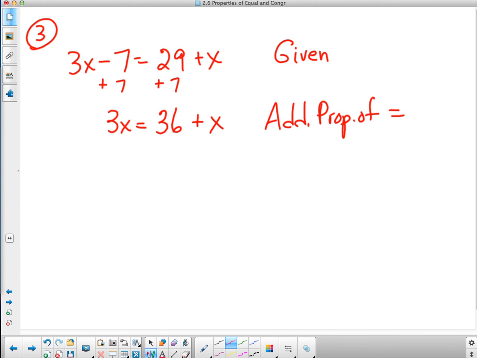Subtract x from each side. So 3x minus 1x is 2x equals 36, supported by subtraction property of equality.